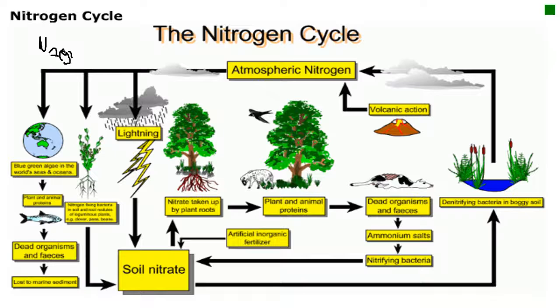But nitrogen fixation, typically what we talk about in our class, happens at the level of the roots. Inside there are some bacteria called rhizobia, and they take the nitrogen and fix it.